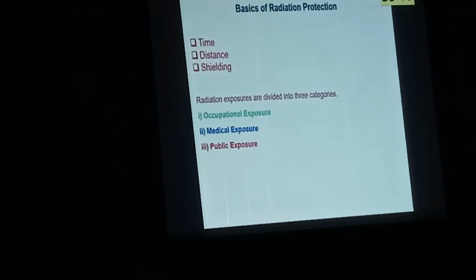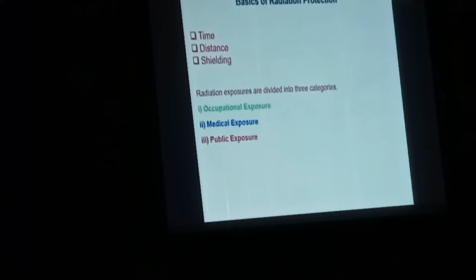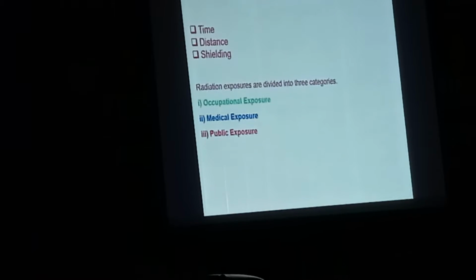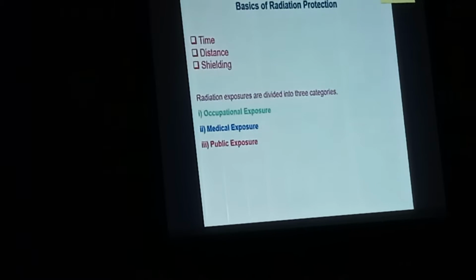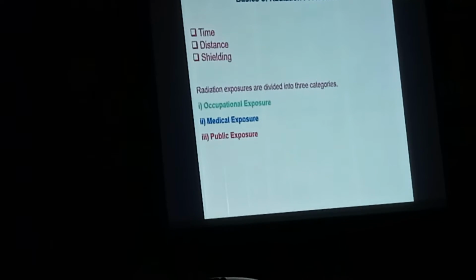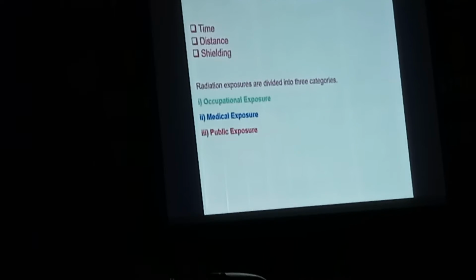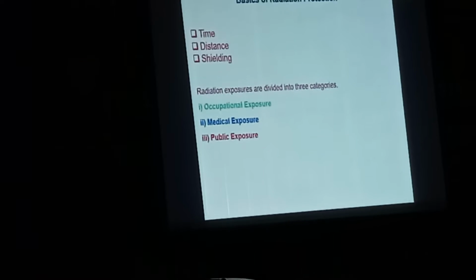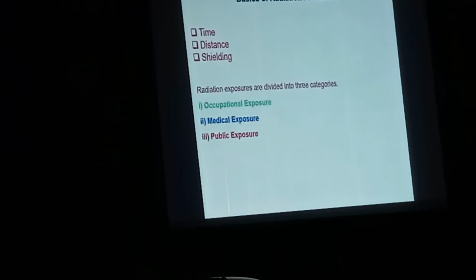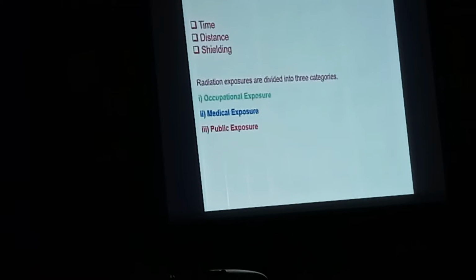The radiation exposures can be divided into three categories. One is occupational exposure, meaning by virtue of occupation, the person is getting the exposure. The second is medical exposure, which talks about the patient, how much exposure he is getting. And third is public exposure, meaning by virtue of your facility, how much dose the public is getting.